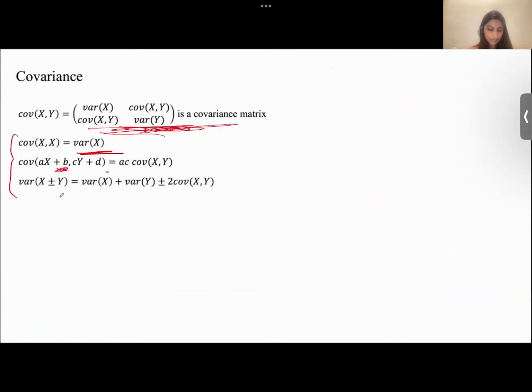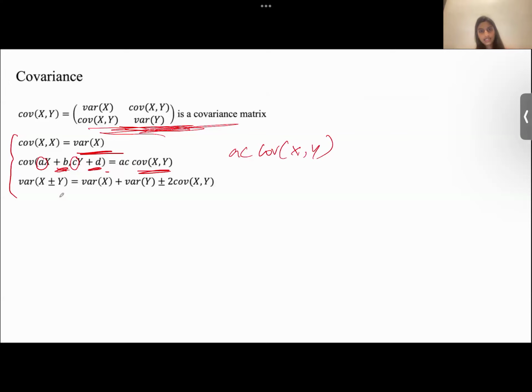The plus b and plus d just add something to your final output, but the multipliers add some weightage to your x and y. So you multiply a times c and just calculate covariance of x, y. So that's what this is.